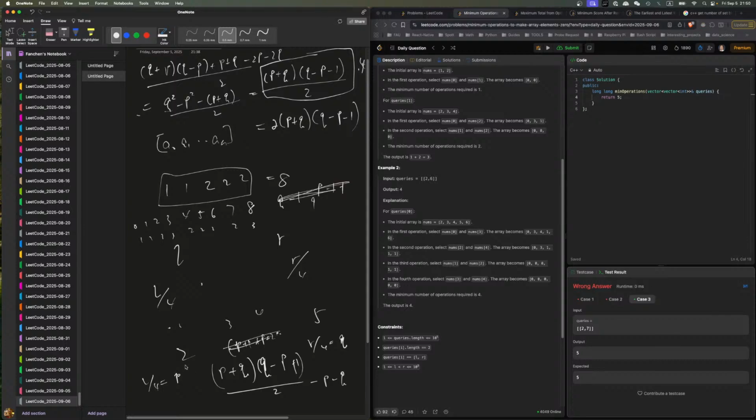What I want to know is, so this is L, right? We have L. We need to know the next one. Next one is P plus 1 times 4. That's the next one, right? So this next one, I don't know how many is in between, so minus L. This one minus L. That's it, right?